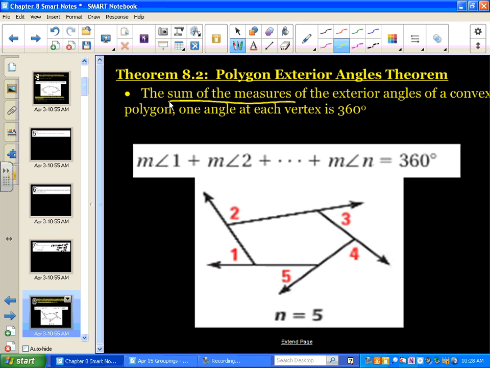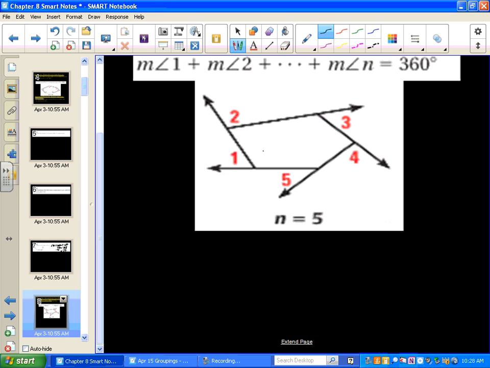Very good. So if I call this angle 6, angle 1 is an exterior angle with angle 6. But angle 6 has two exterior angles. I could draw this line going this way, call this 7, and now it's an exterior angle here.